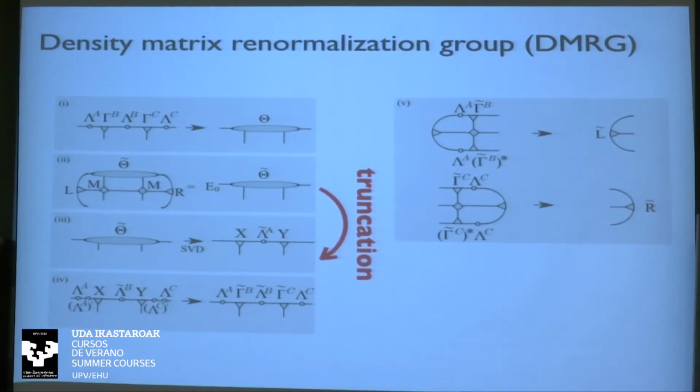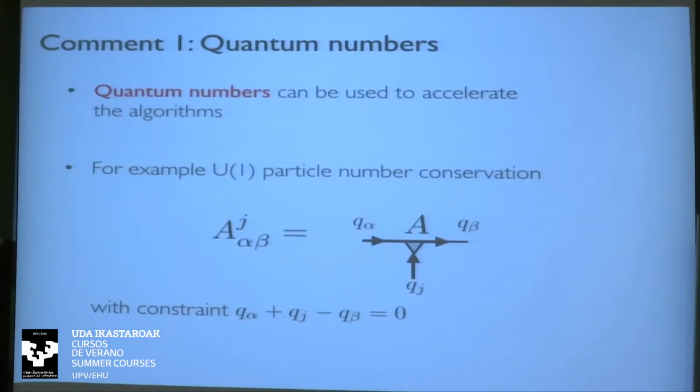So this gives us the DMRG algorithm. Let me now give some comments on these algorithms. First of all, the algorithms that I sketched here can, when implemented, be made much faster by using different conserved quantities.